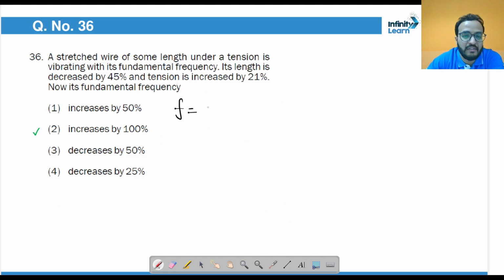36. This is simple. What is the frequency? Frequency is n by 2l into v, where v is root of T by mu.